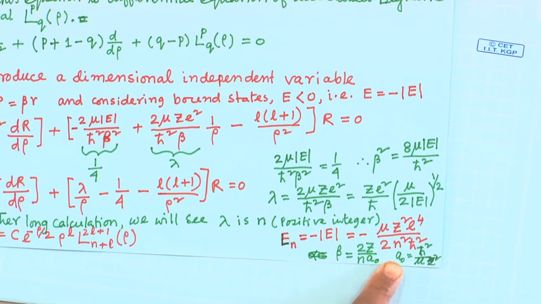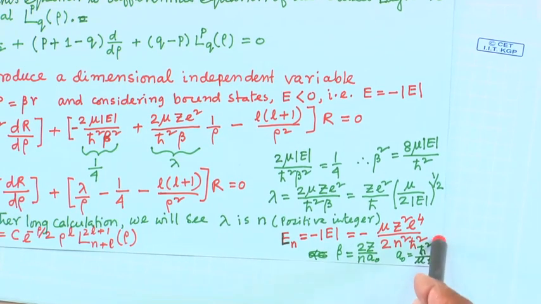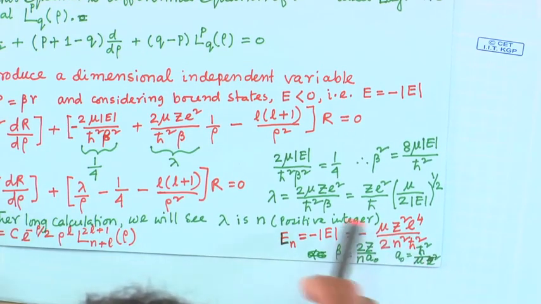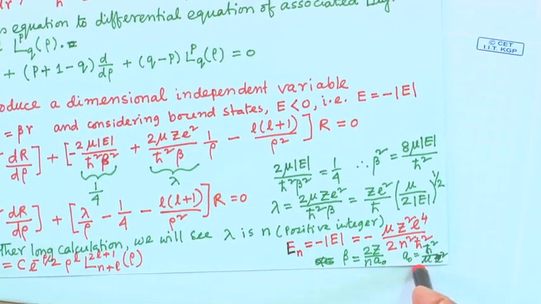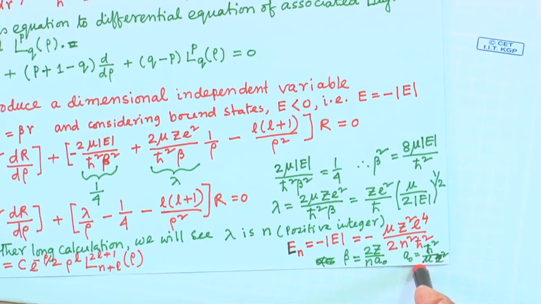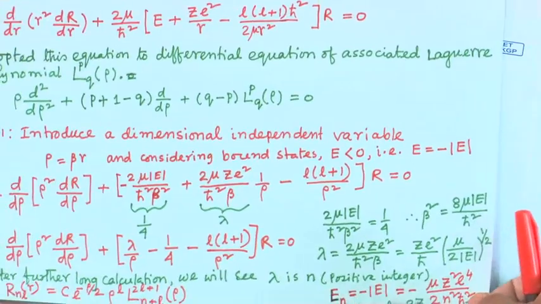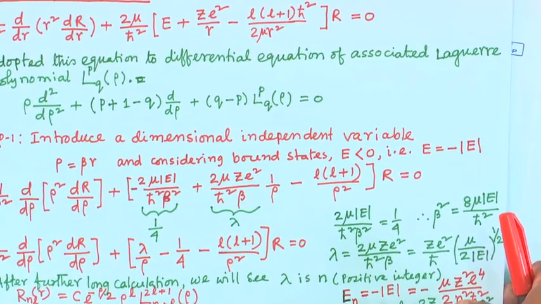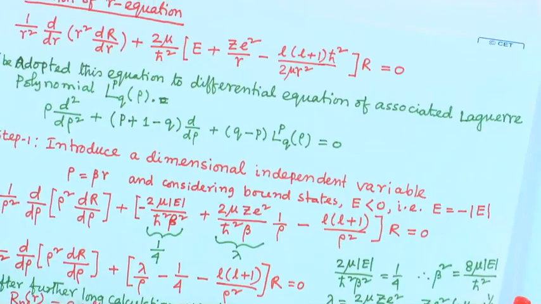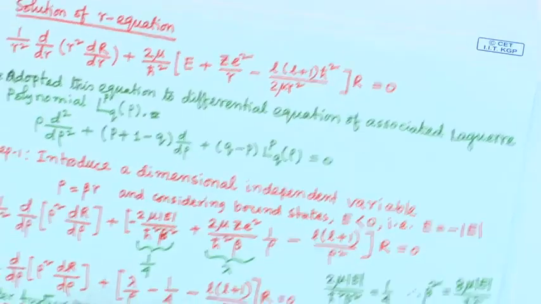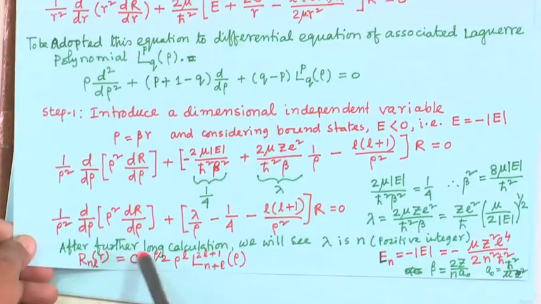Also, here we have considered a_0, the Bohr radius, that is h cross square by mu e square. In terms of the Bohr radius a_0, one can express the radial terms. And one has to normalize, then one can get the value of C.